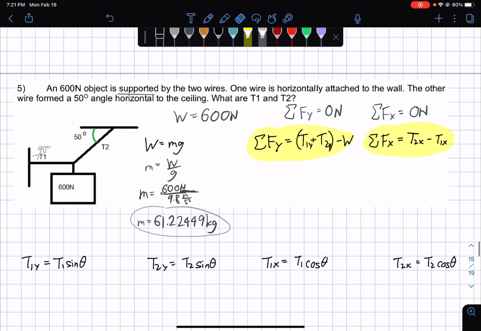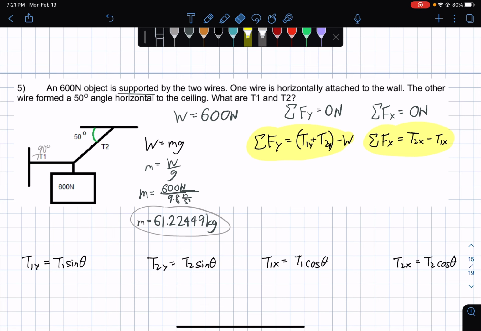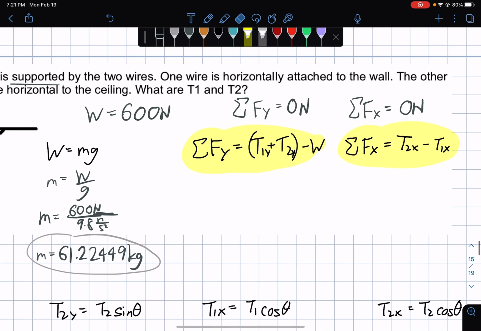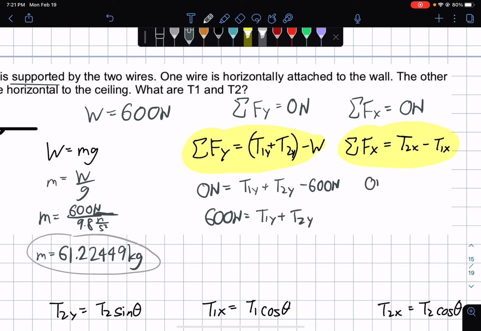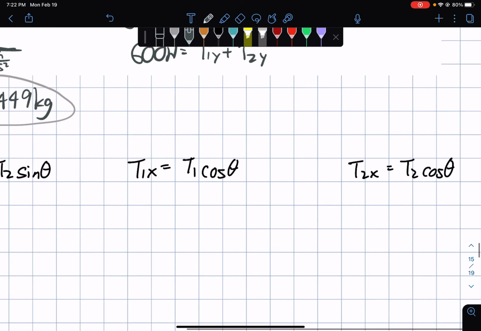So we need some algebraic manipulation once more. 0 newtons is equal to T1y plus T2y minus the weight, which is 600 newtons. 600 N is equal to T1y plus T2y. Now for T1x, let's see.